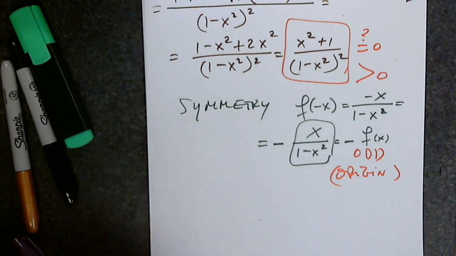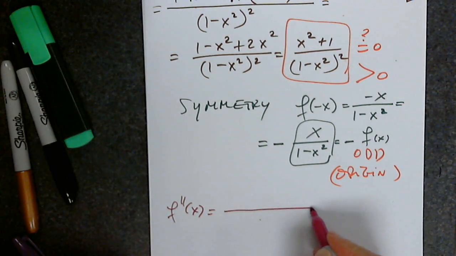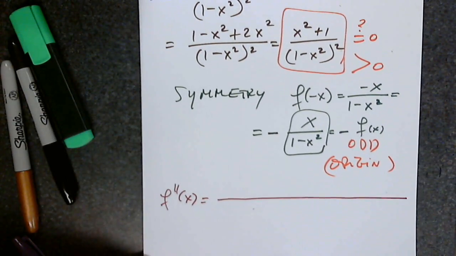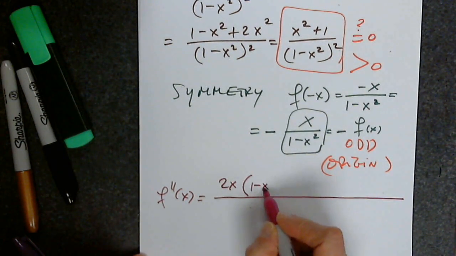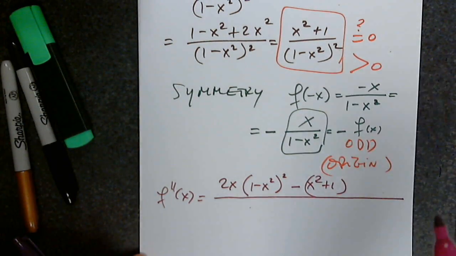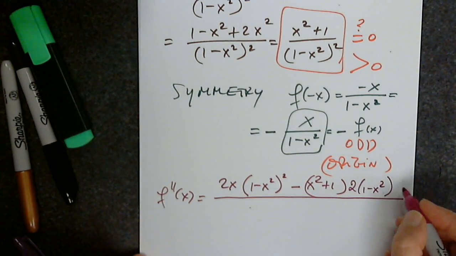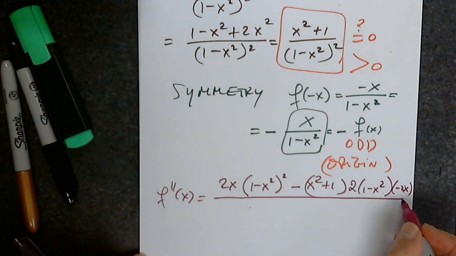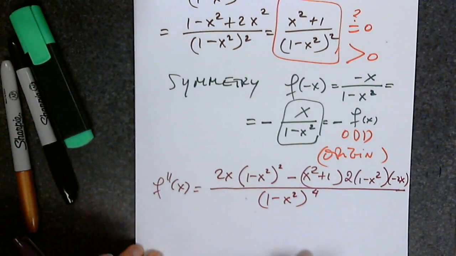Okay. So my last step, I have to differentiate this to find the second derivative. Ready? The top function prime, 2x, times the denominator, minus the top function times the denominator prime, 1 minus x squared times negative 2x, divided by 1 minus x squared to the 4th.